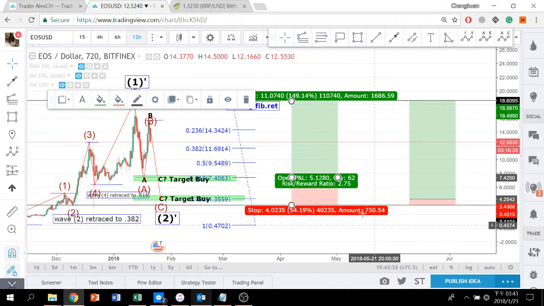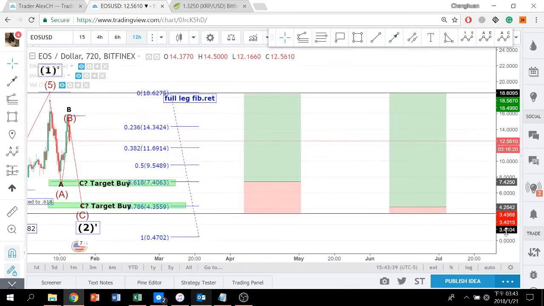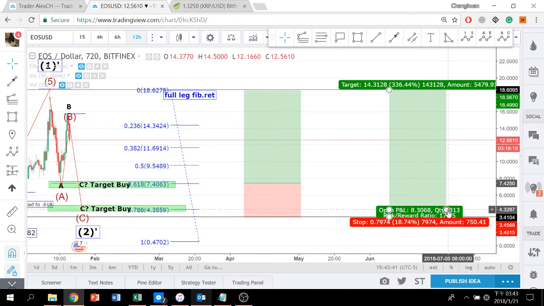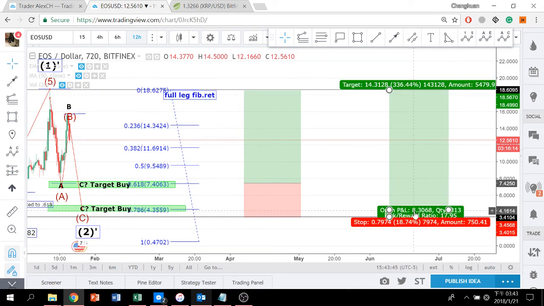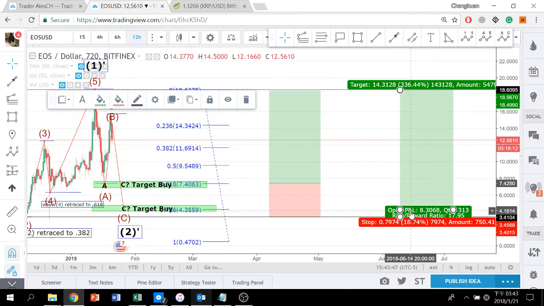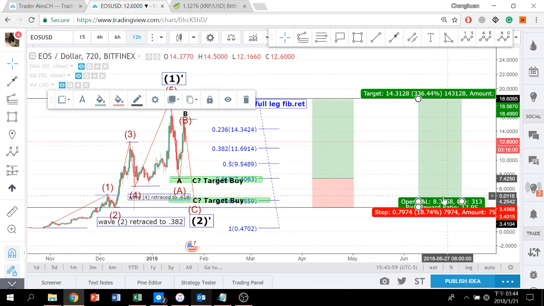So the risk to reward ratio in either case is this, right? But if you bought here and here, the base price you get is probably around here, right? So this is going to be a risk to reward ratio of 17.95. This is an extremely profitable trade. I do not know why anyone wouldn't take it.